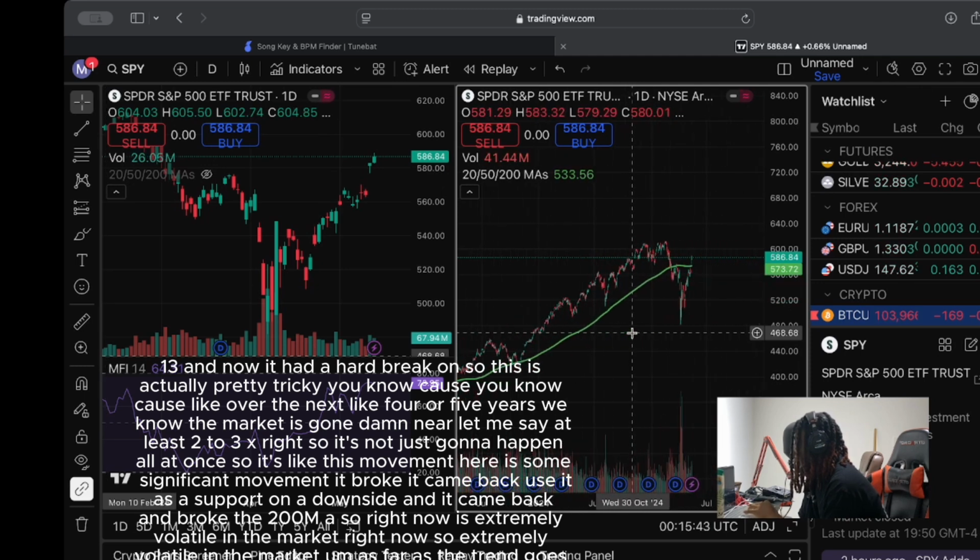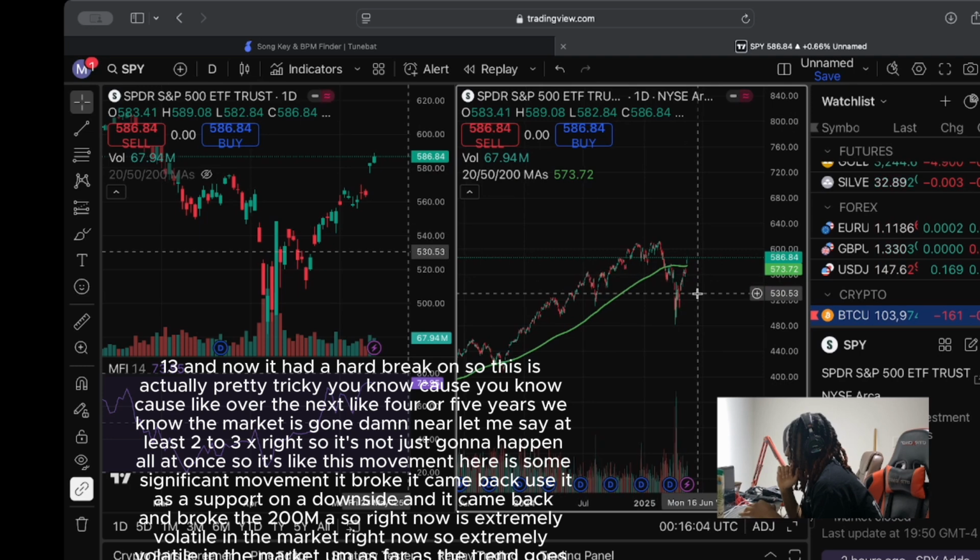So this is actually pretty tricky, because over the next 4 or 5 years, we know the market is going to go damn near, let me say, at least 2 to 3x, right? So it's not just going to happen all at once.